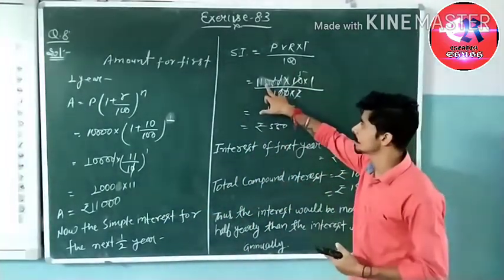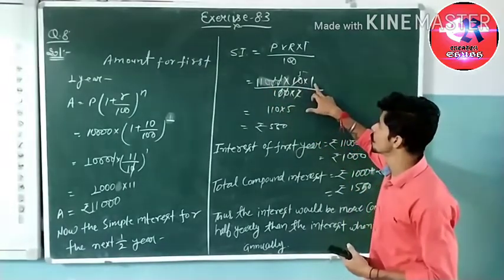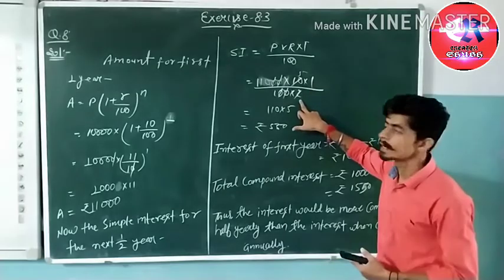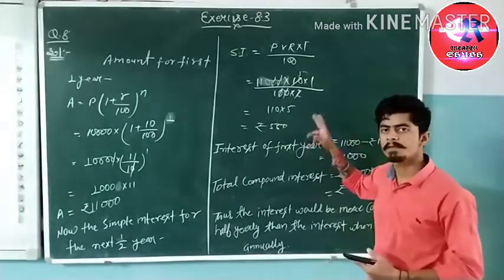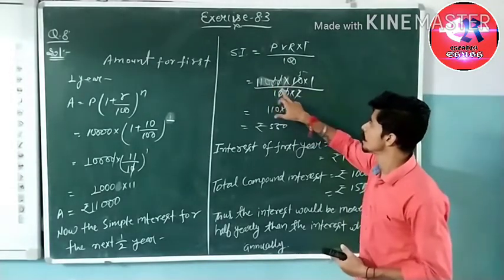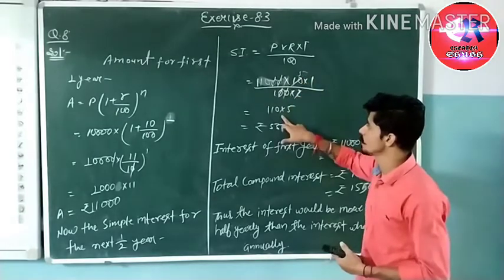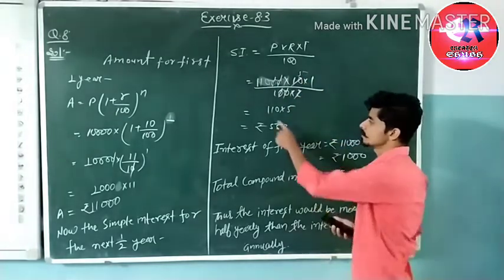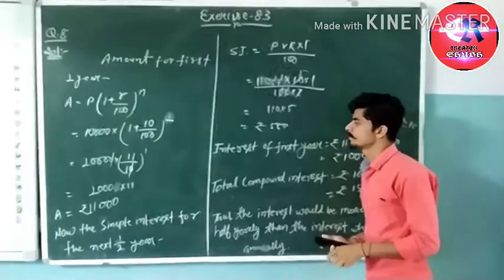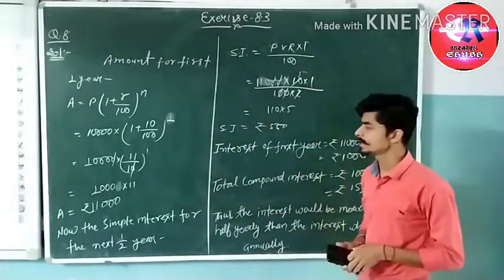So 11,000 will be the principal, the rate is the same, and time is 1/2 year, written as 1 in the numerator and 2 in the denominator. The 0s will be cut, this 2 divides 10 by 5 times, so we write the remaining numbers, 110 into 5. When we multiply, we get 550. This is the simple interest after 1/2 year.